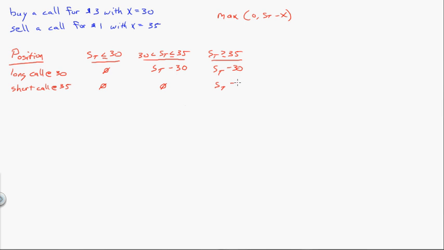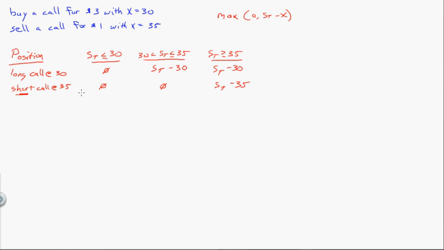But I want you to notice one difference here. I'm short the call, right? So here's an important distinction. If I'm long the call, I've bought the call, I have the right to buy the stock at $30. If I'm short the call, I have sold someone else the right to buy the stock from me, in this case at 35.